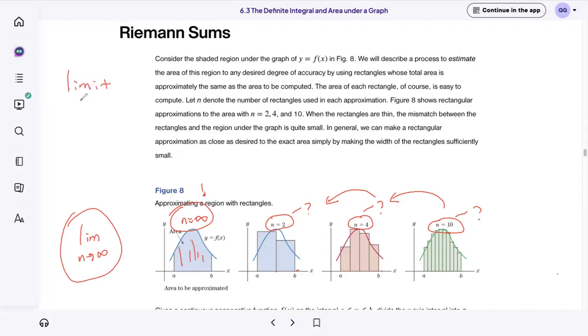This course is all about limits, differentiation, and integration, or integration comes from anti-differentiation. So these are 3 basics for calculus class.